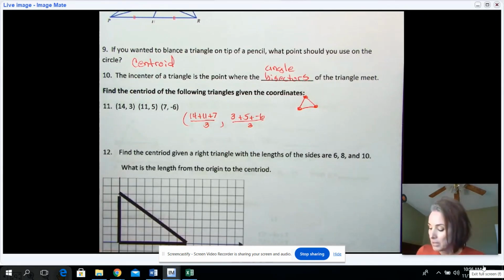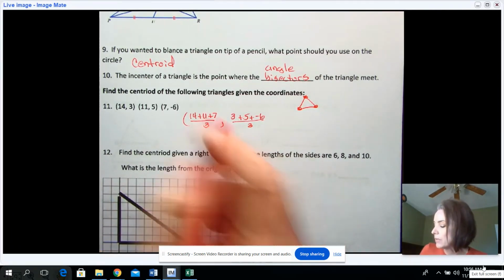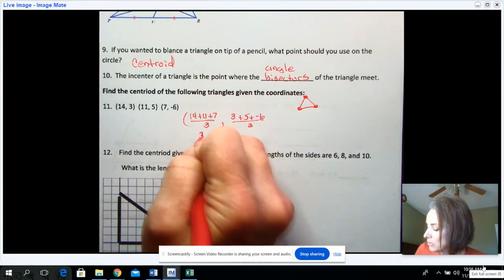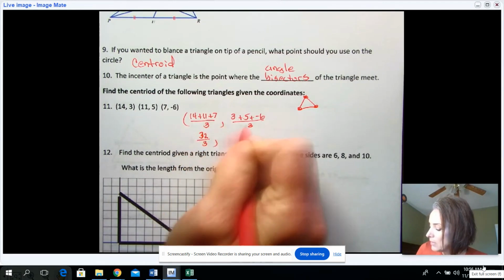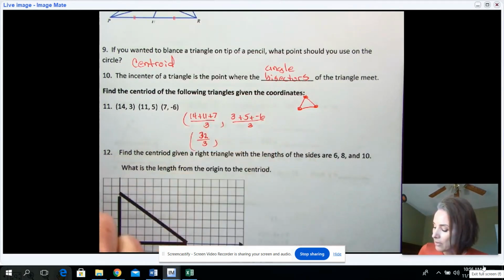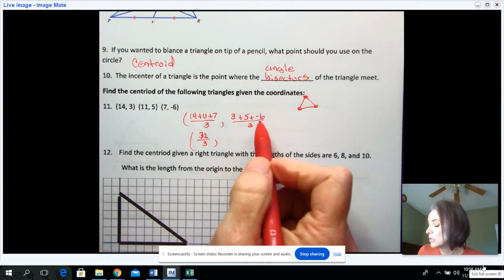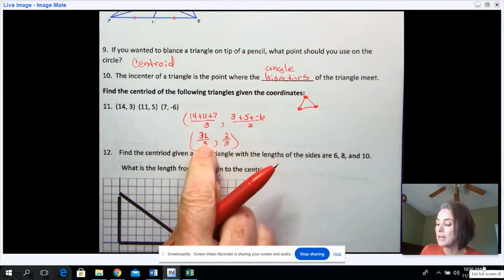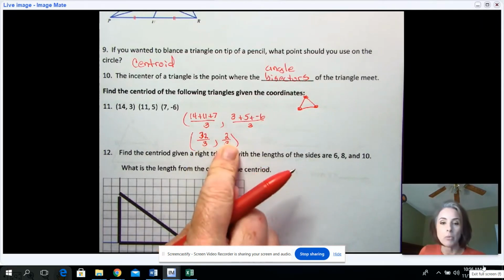So 14 plus 11 plus 7 is 32 divided by 3, so you can just leave it as 32 over 3. And for the y's, 3 plus 5 is 8, minus 6 is 2, so this will be 2/3. And if you want to say 10.6 repeating and 0.6 repeating, you can. That's fine.